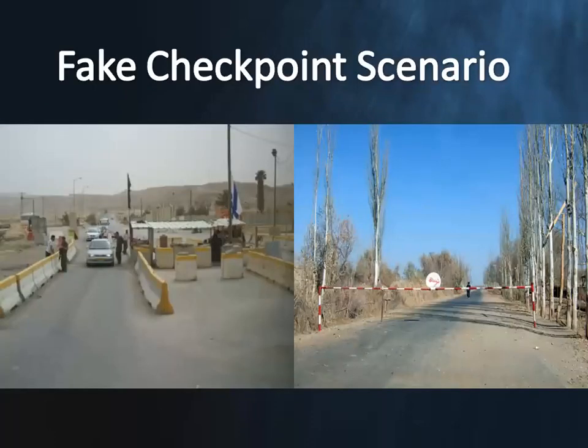Fake checkpoint scenario. Be observant. Identify factors on legality of checkpoints. For example, unusual, very isolated location, un-uniformed men wearing civilian clothes, using private vehicles, absence of police or security force cars.